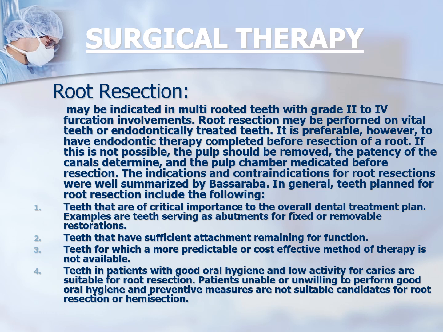This is known as a root resection procedure. This can also be known as a hemisection when we split the tooth into two, and the half of the tooth with compromised bone is removed, and the part that has an adequate amount of bone is preserved and treated as a premolar.